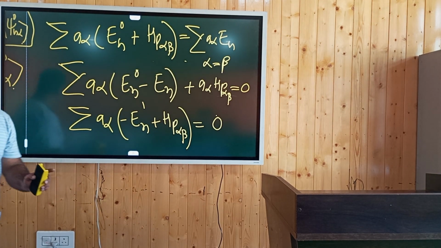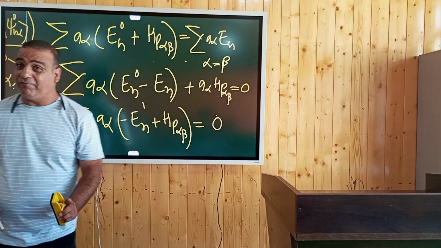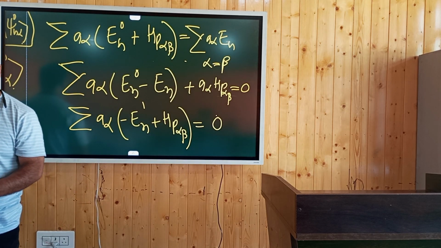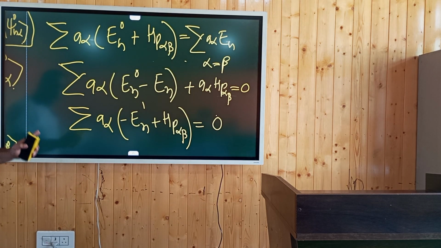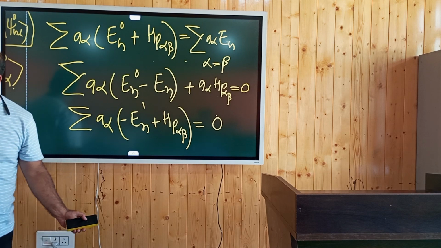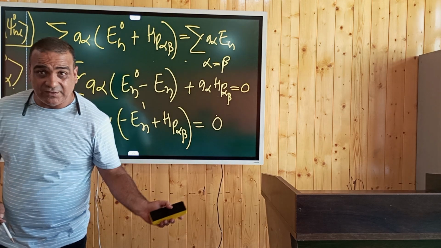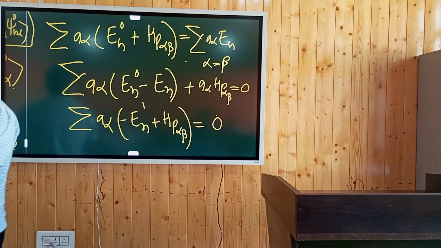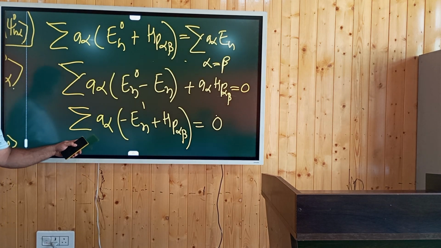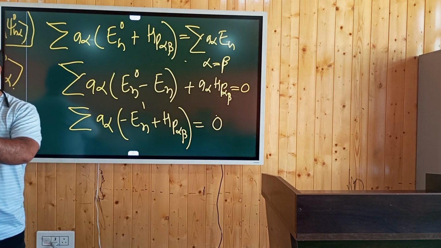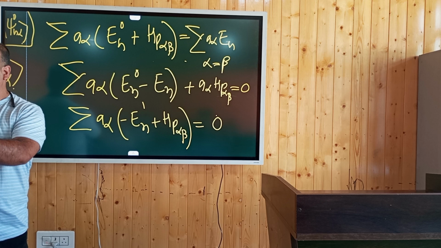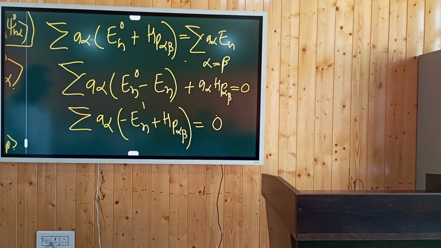In the beginning of this mathematical treatment, if you rightly remember, I proved that sigma A alpha is not equal to 0. You can check that equation that we obtained in the very first part of this class.